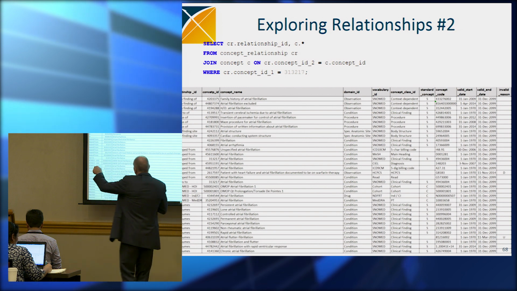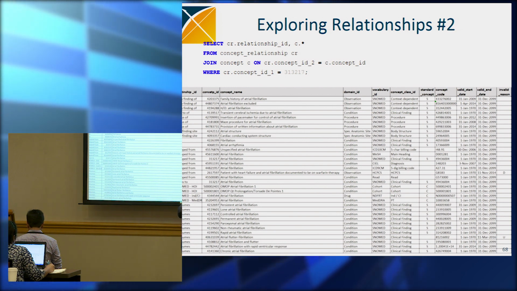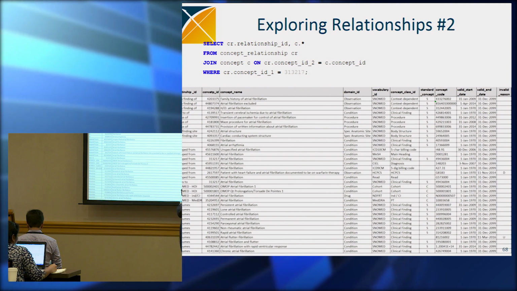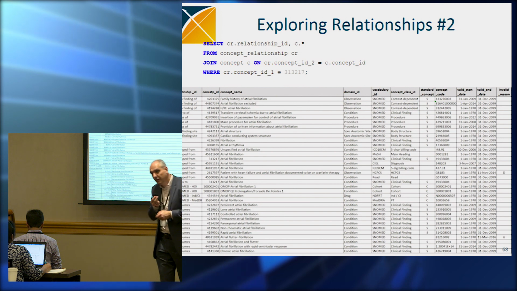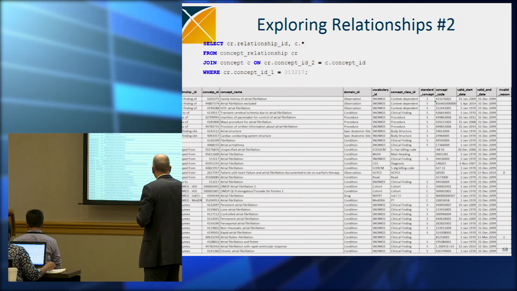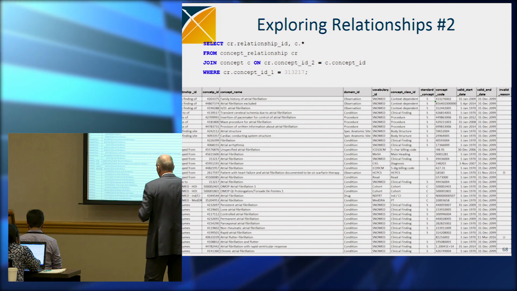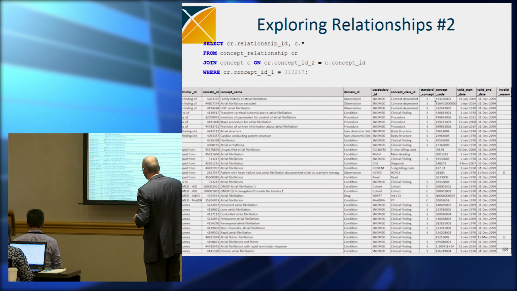So again, these relationship IDs come from the concept relationship table, and everything to the right is the concept that represents the thing that atrial fibrillation has a relationship to, right? All the other ones. So now you can see the maps to. Here it is.